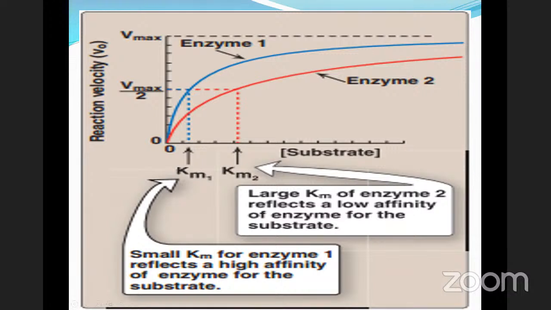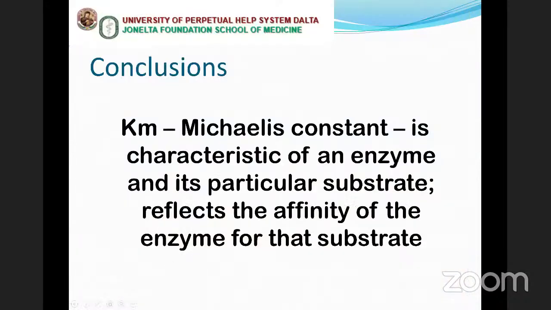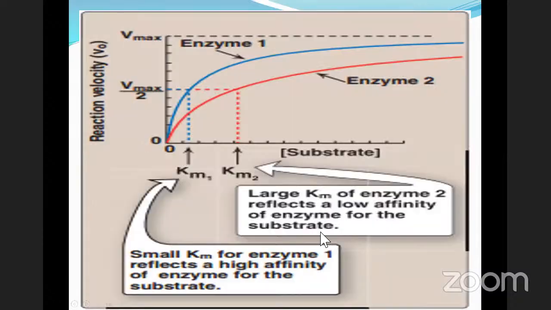So if you have a large Km of the enzyme, as depicted by the red line, if your Km is large, it would have a low affinity for the substrate, as is shown by the flattened red curve.